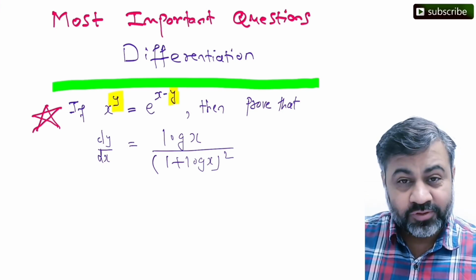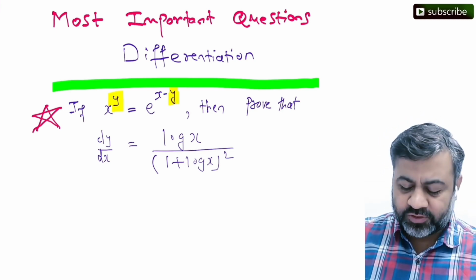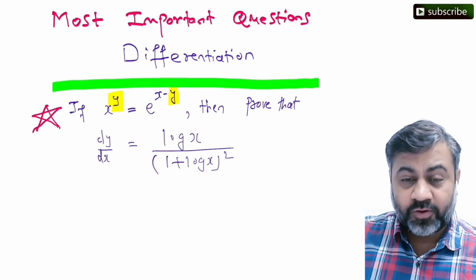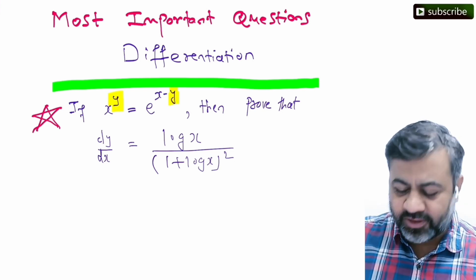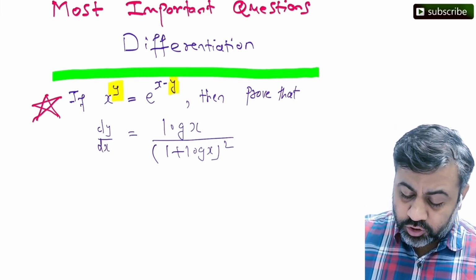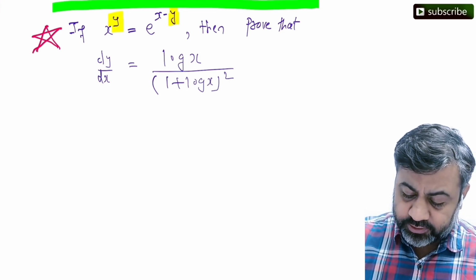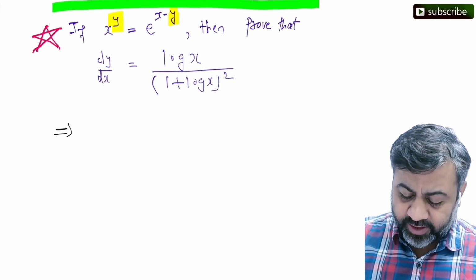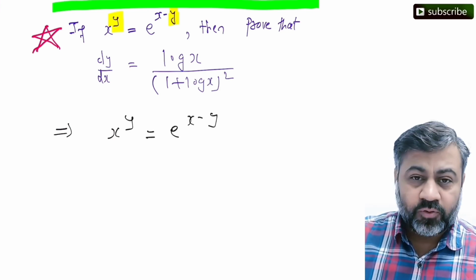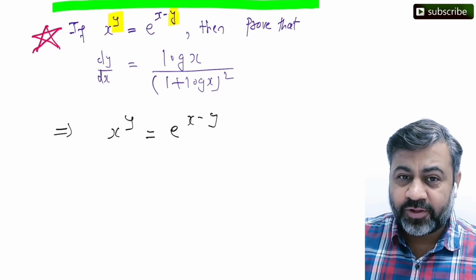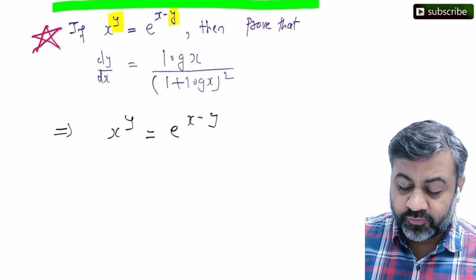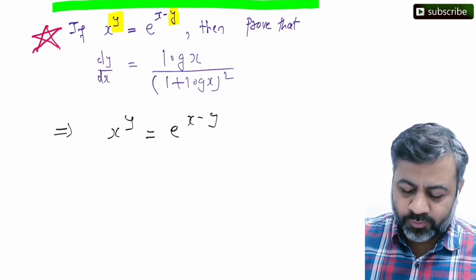Okay, so this is the first such type of question where we have, if x power y equal to e power x minus y. Now the first thing you need to realize is we have x power y equal to e power (x minus y). The left hand side is variable to the power variable, so the first thing most of you will be able to think of is taking log on both sides, right?